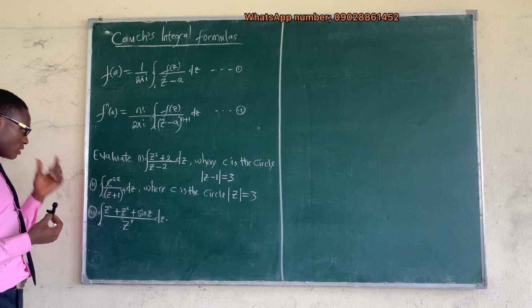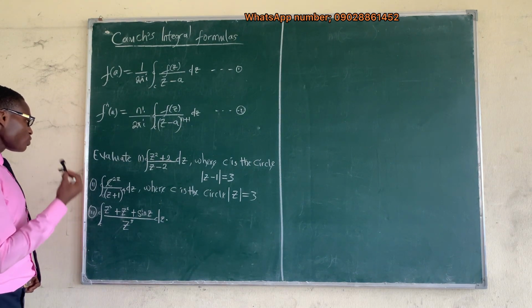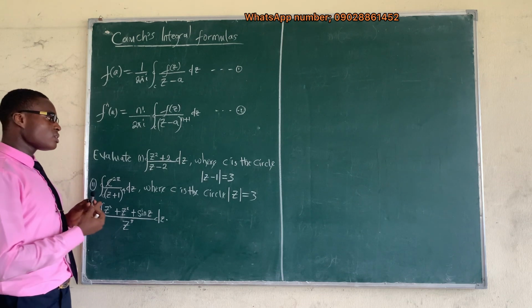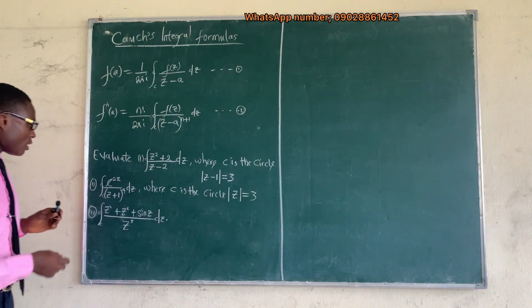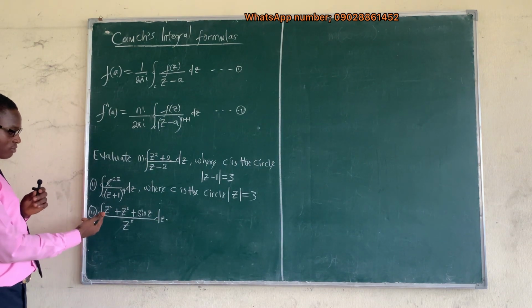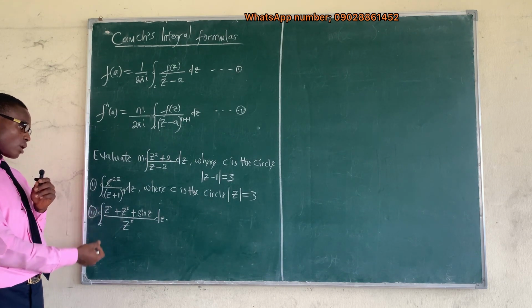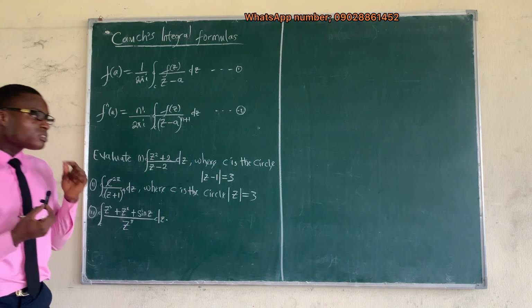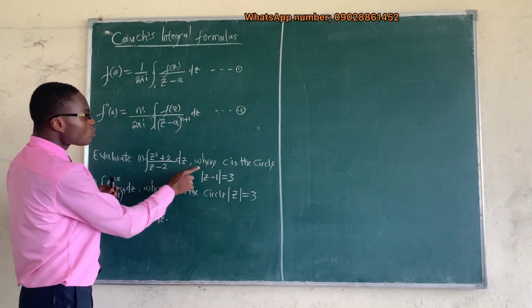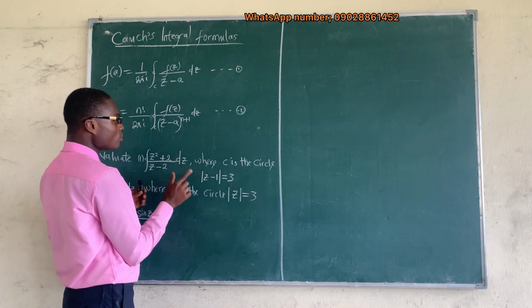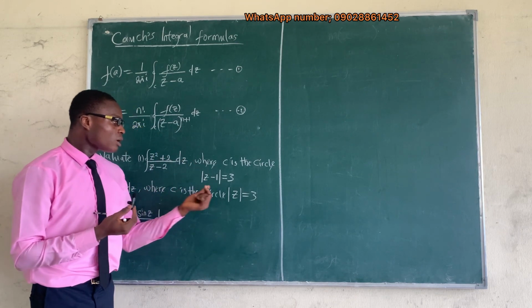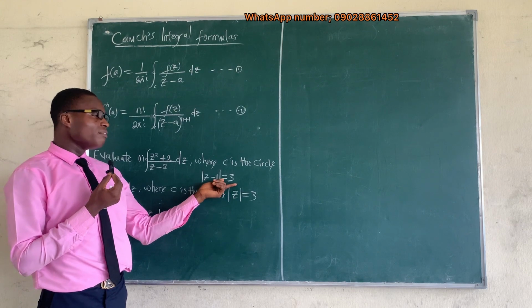The second one is the integral of exponential 2z over z plus 1 to the power of 4 dz, where c is the circle, magnitude of z equal to 3. And the last one is the integral of z cubed plus z squared plus sine z over z cubed dz, where c is the circle, the magnitude of z minus 1 equal to 3. Please take note, this 3 is the radius.